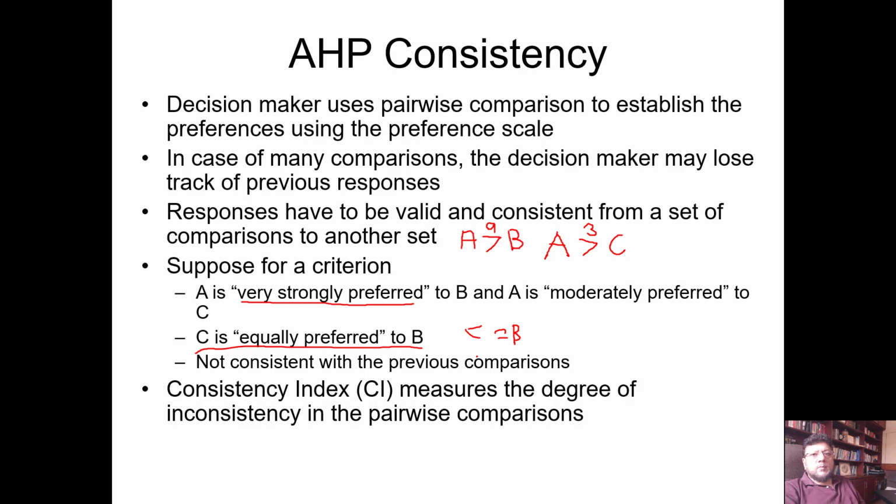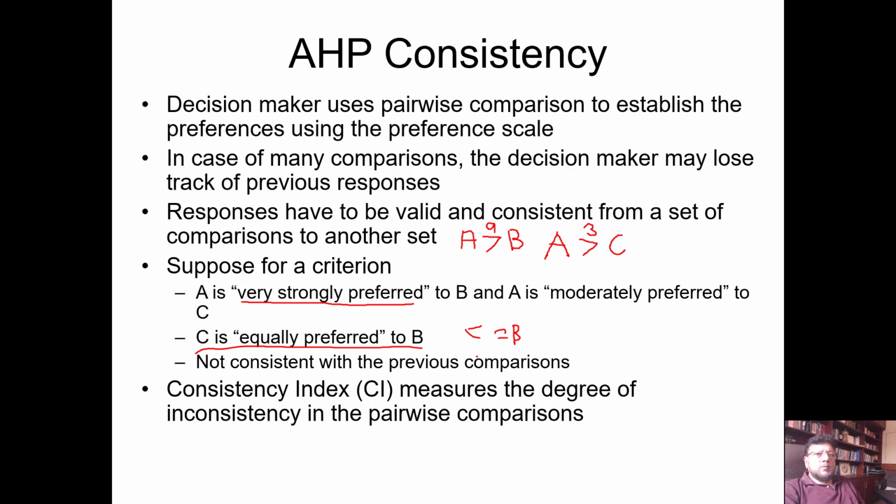Now this is only three items. When you have three, it's very easy to look at this. But remember, with four features, you would have 6 possible comparisons. As the number of features and pairs increases, the chance of making a mistake in these comparisons goes up.